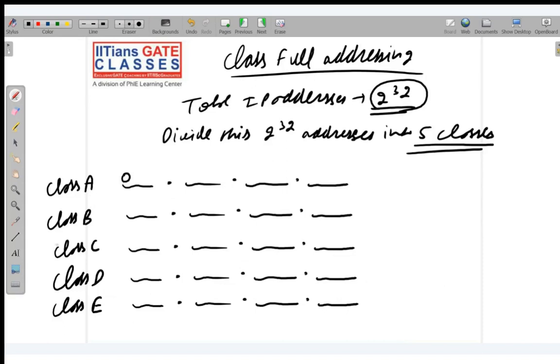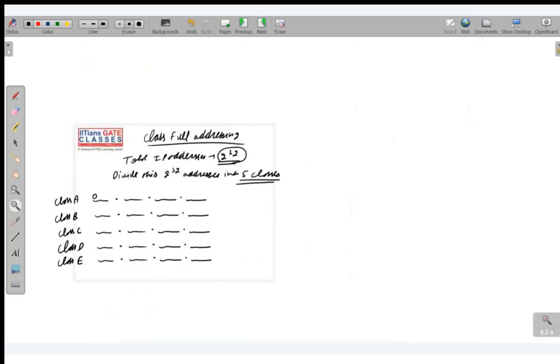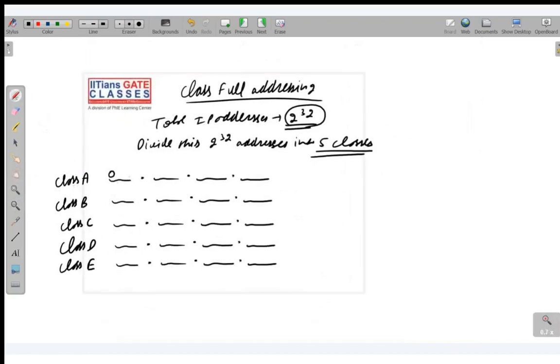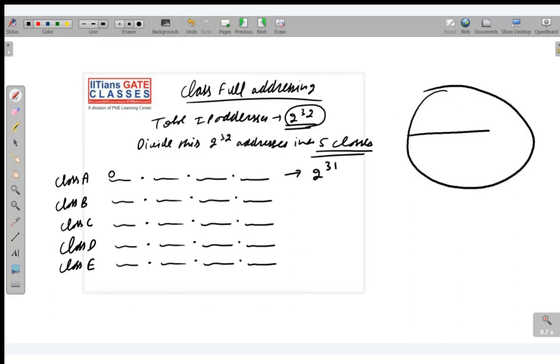Class A first octet first bit is 0. So please let me know how many IP addresses will be there in class A. The first bit is 0, the rest 31 bits are there, so 2 possibilities each, 2 power 31. So in class A, a total of 2 power 31 IP addresses are there. If I consider the whole as 2 power 32, I have divided it into 2 parts.